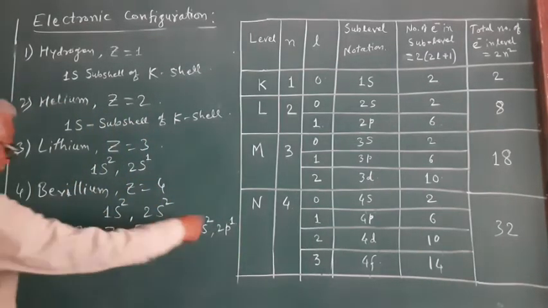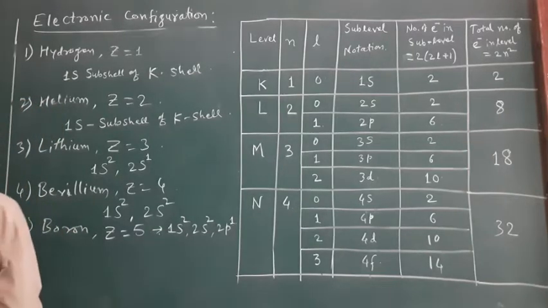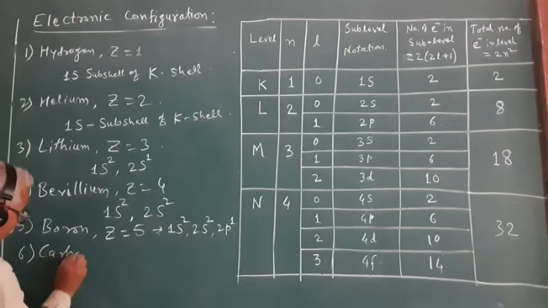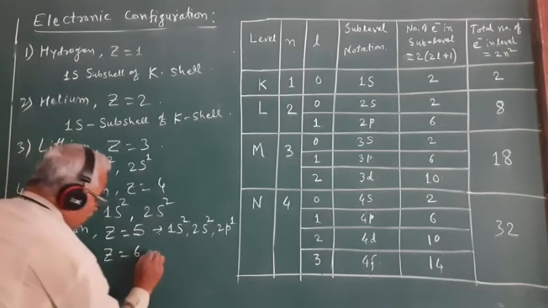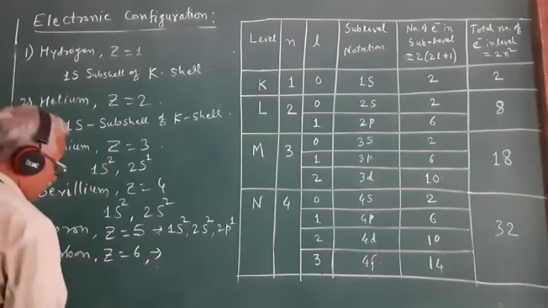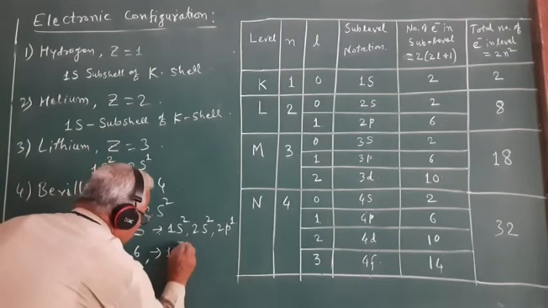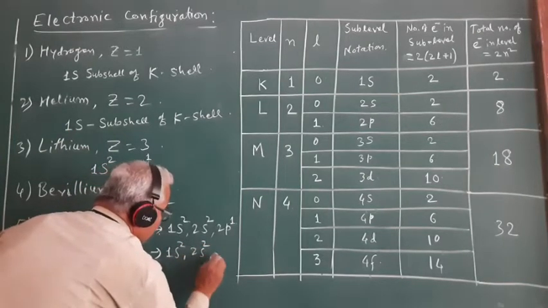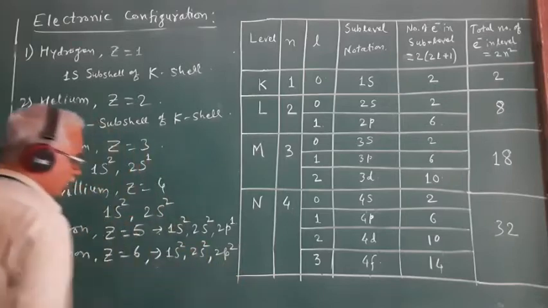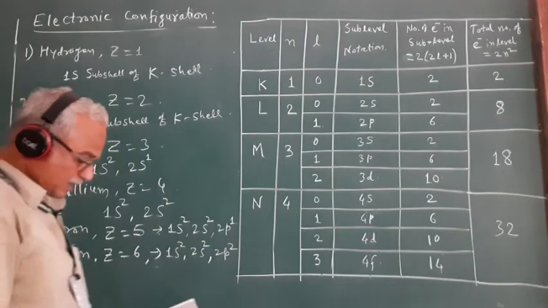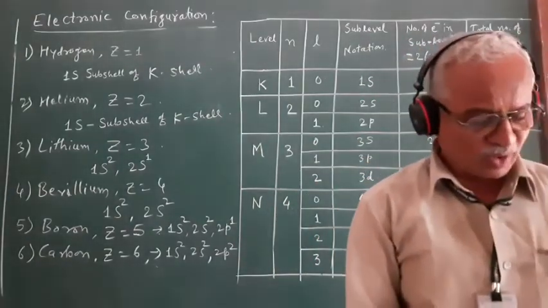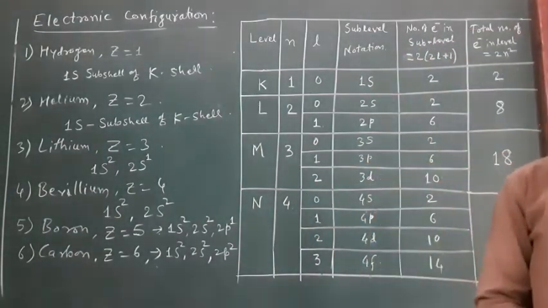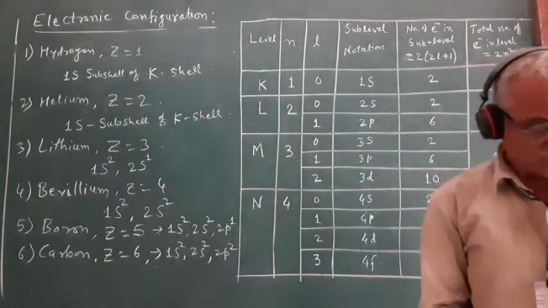So the next higher level will be carbon, Z is equal to 6, and the electronic configuration will be 1s2, 2s2 and 2p2. So like that, the different electrons in the different atoms will be accommodated in the different subshells of the different shells.